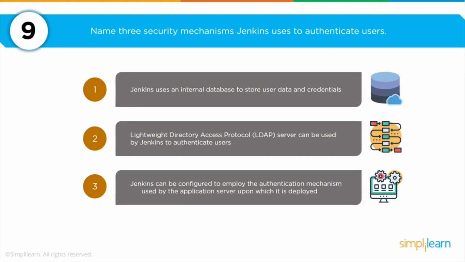When you are asked this question about security within Jenkins, the 3 responses you want to be able to provide are: A, Jenkins has its own internal database that uses secured user data and user credentials. B, you can use an LDAP, or Lightweight Directory Access Protocol, server to authenticate Jenkins users. Or C, you can configure Jenkins to authenticate by using something such as OAuth, which is a more modern method of authenticating users.